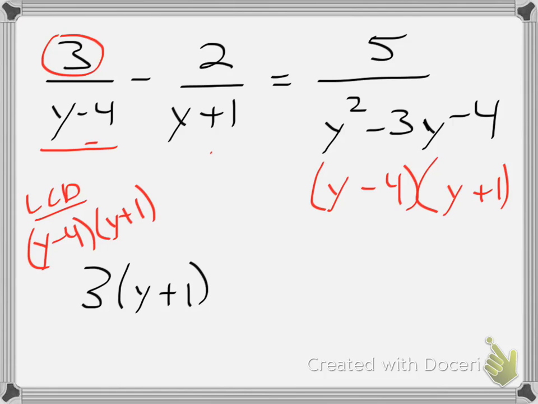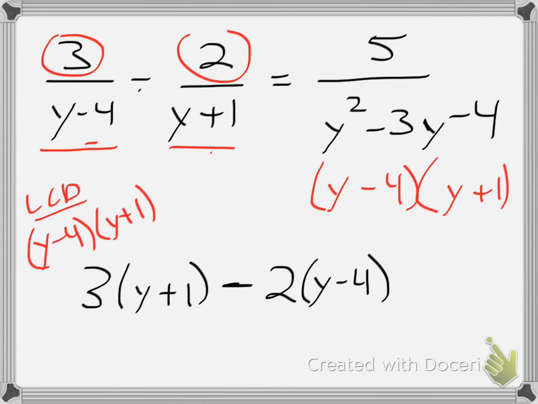Looking at my second denominator, y plus 1, when I compare it to my LCD, it's missing the y minus 4. So I take my numerator, there's my subtraction sign from up here, and I say 2 times that missing term, which is y minus 4, equals. Looking at my last denominator, and I'll specifically look at this factored form because they are the same thing.